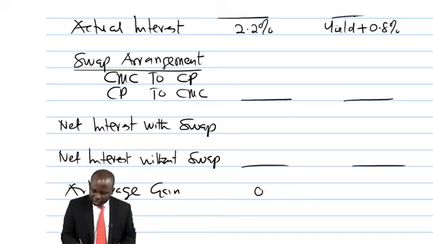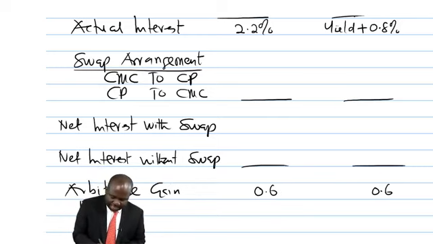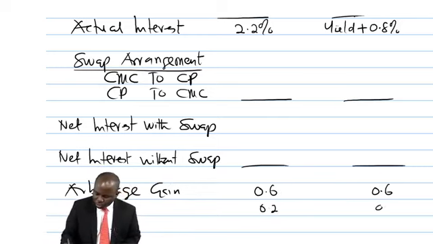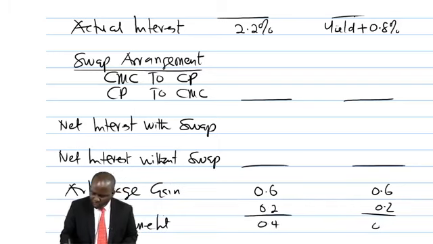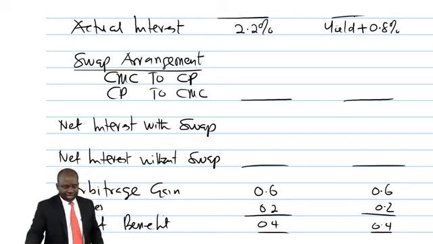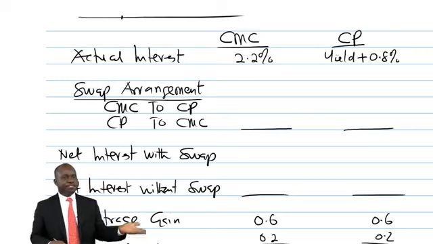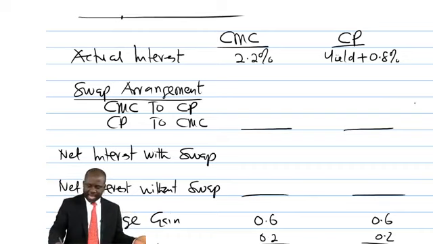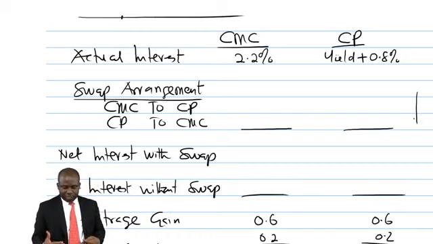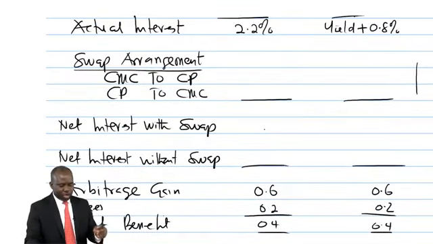And we said the arbitrage gain, everybody is getting 0.6, and then you less the fees, and we said 0.2, and this brings us the net worth benefit under the swap, which is the 0.4. That's it. What the examiner wants you to do is to come out with how much CMC will pay to CP and how much CP will also pay to CMC. Here is what they want us to develop. And to develop it, we need to start from down here and take ourselves up. That's why I'm telling you to picture this.